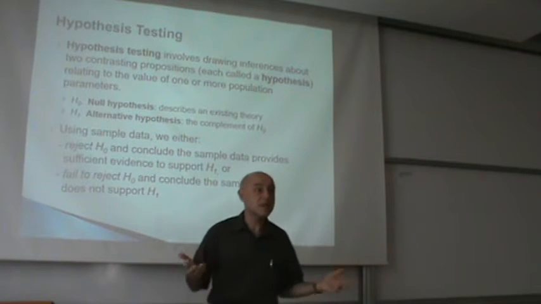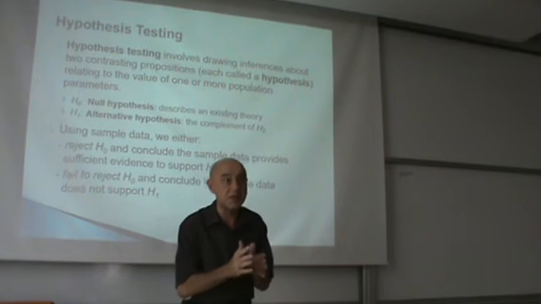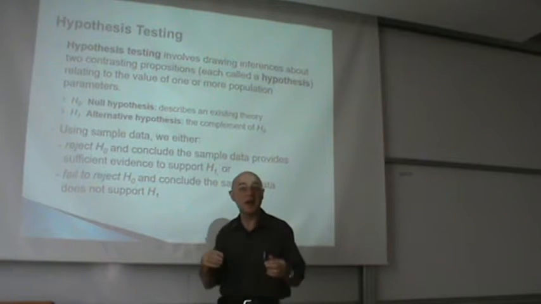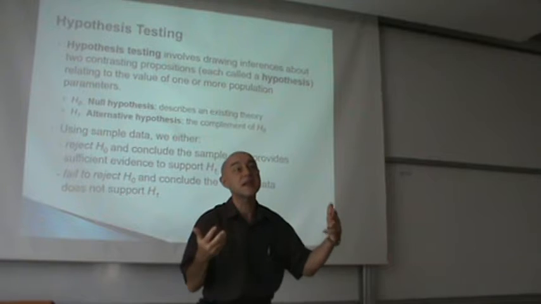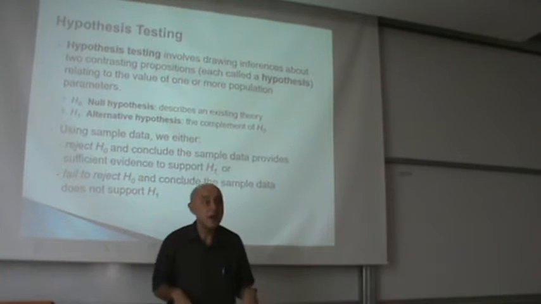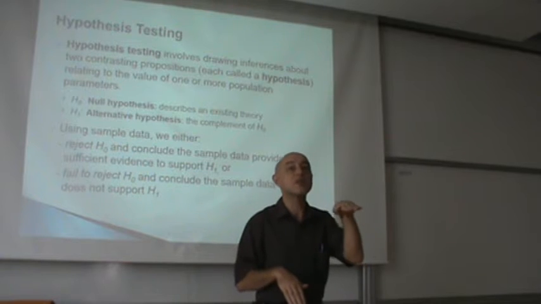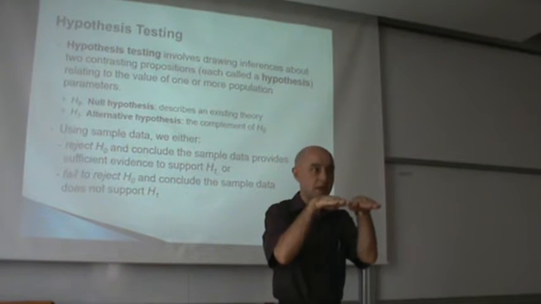So, a hypothesis will have a null hypothesis, which is the basic stuff, and the alternative hypothesis. Examples that you can understand and relate to: the null hypothesis is that the scores of girls and boys are the same.